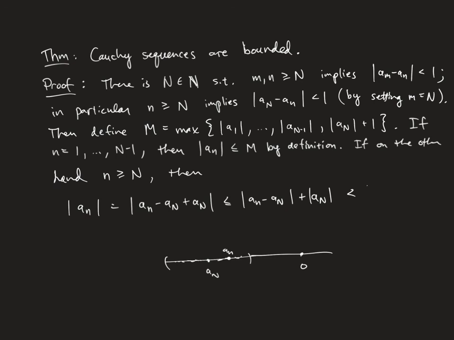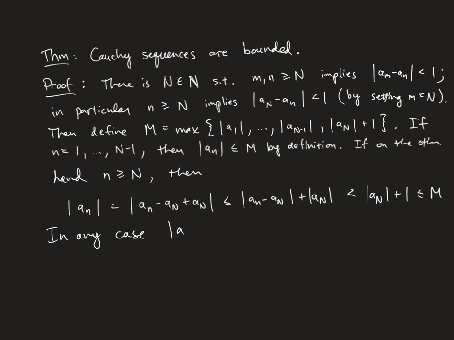So this is less than the absolute value of a_N plus 1, and that's less than or equal to M. Okay, so in either case, we have that the a sub n's, so in any case, the absolute value of the a sub n's is less than or equal to M, and so the sequence is bounded.